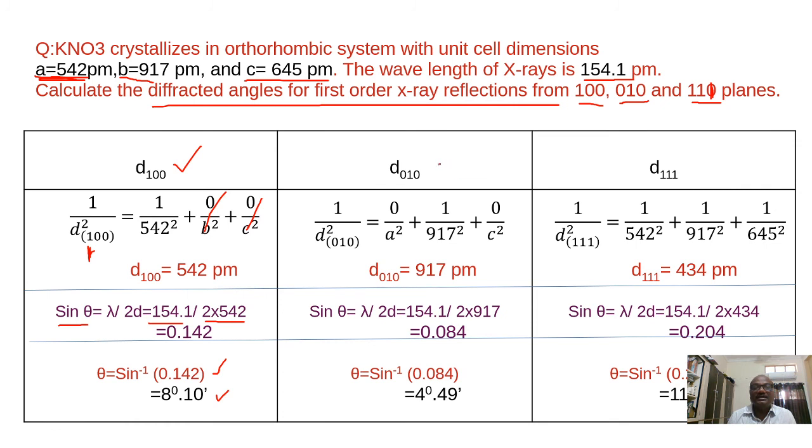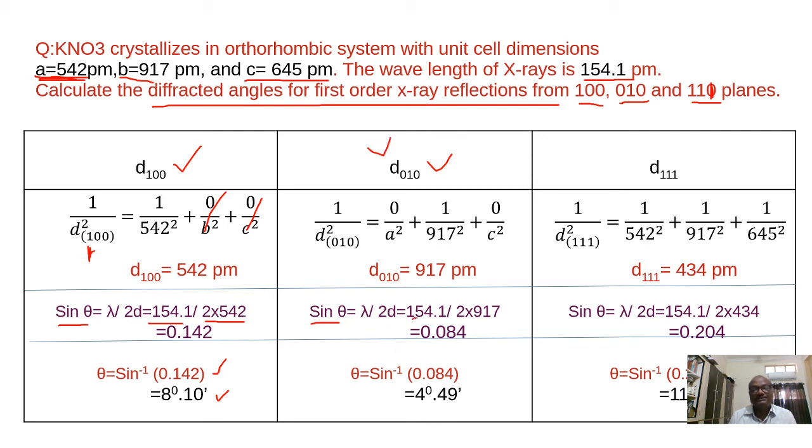Similarly, we can calculate D010, with H 0, K 1, L 0. So 1 by D square is 0 by A square plus 1 by 917 square plus 0 by C square. So D we got is 917 picometers. Sin theta is equal to lambda by 2D. We are calculating sin theta, meaning angle of incidence for this plane.